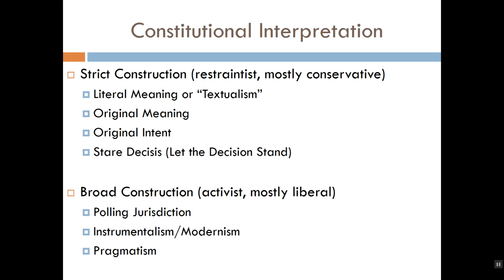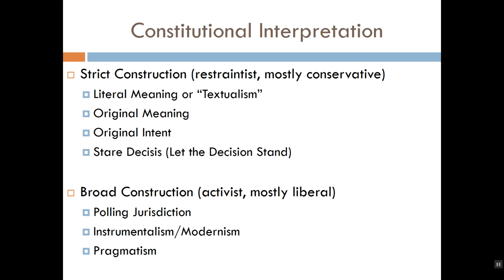There are, again, some restraintists who think that this, too, is too radical. So the next strict construction approach we're going to talk about is original intent. Original intent says that you need to consider not just what the Constitution's language literally says, based either on the laws of the English language today or at the time that it was written, but on the reasoning behind including the various clauses of the Constitution.